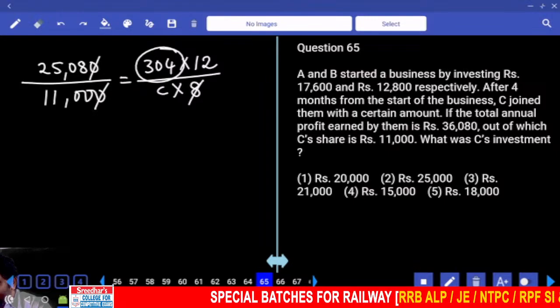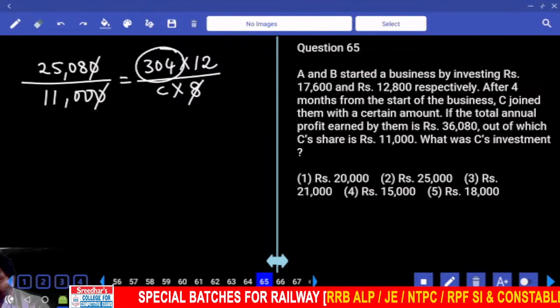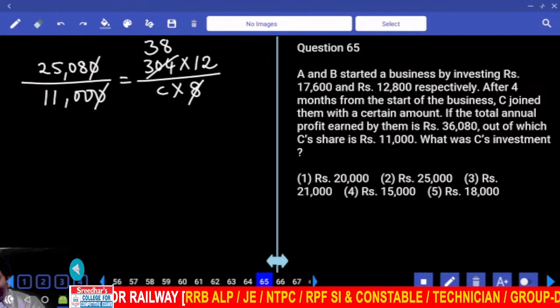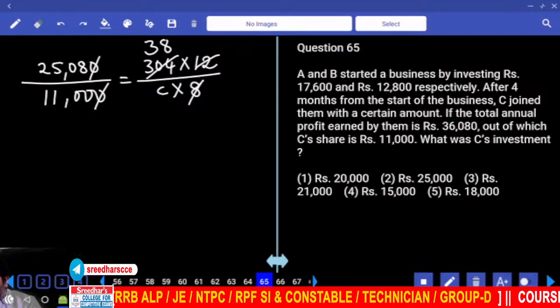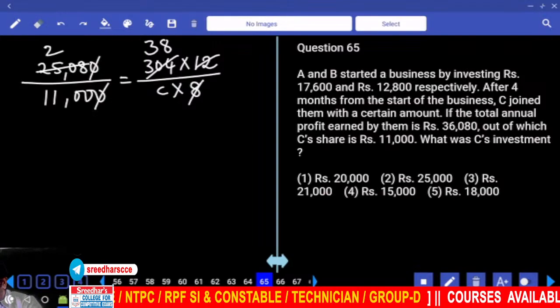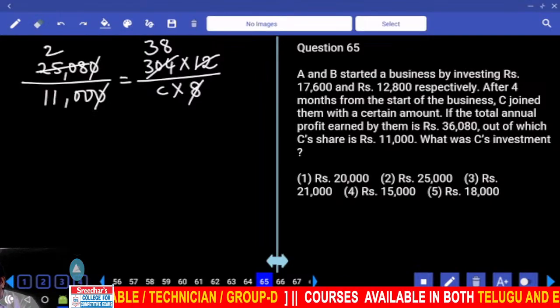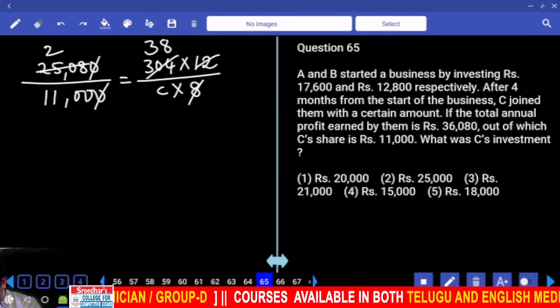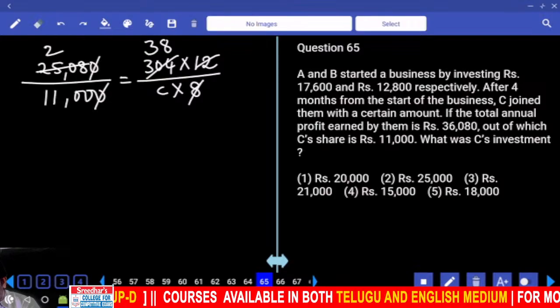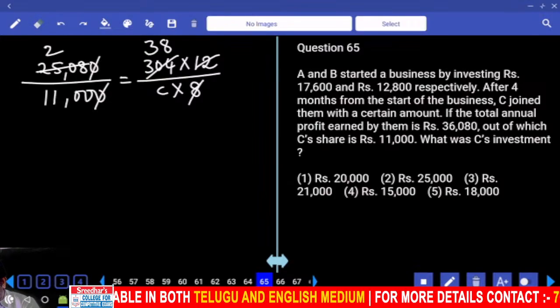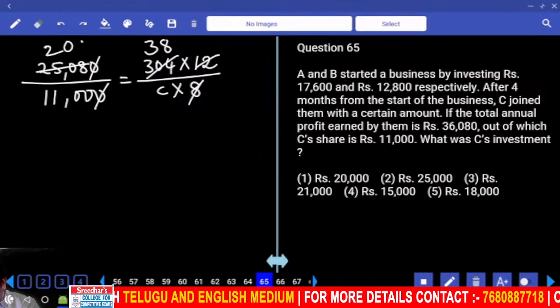That means 2 8s less, right? 40 minus 2, 38. 12 cancellation. 2 times. 30, right? 12 2s 24. 108. 0 9.